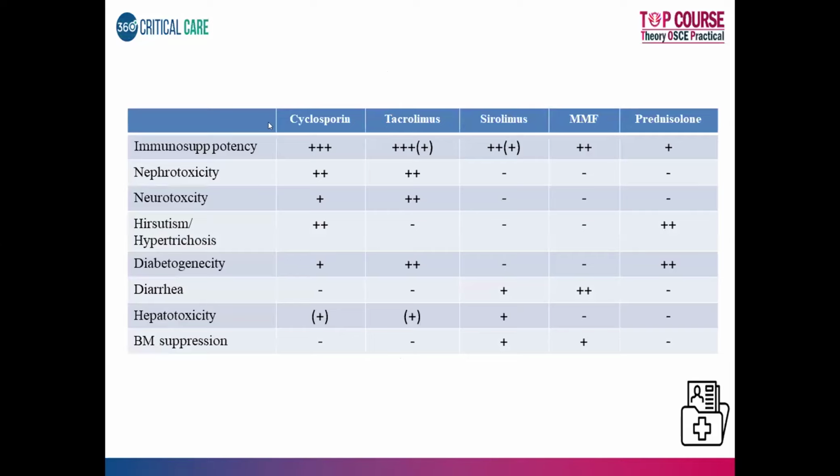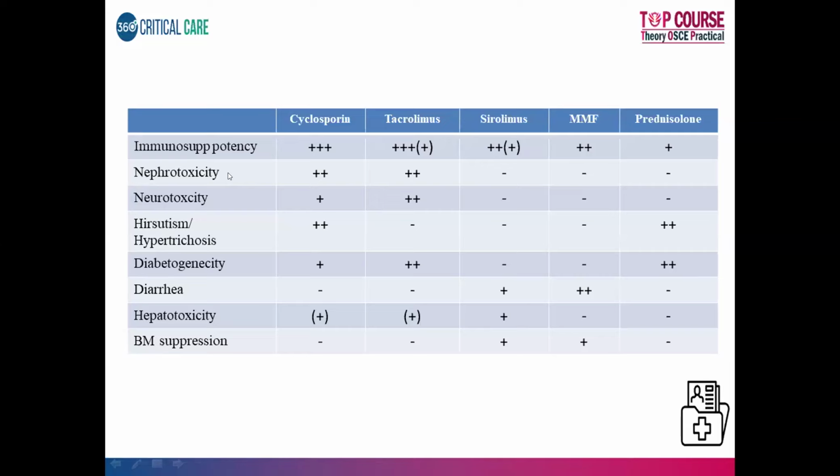Coming to the immunosuppressive effects of the drugs, which has better potency, it is the cyclosporine, that is the CNIs. Sorry, calcineurin inhibitors have a higher degree of immunopotency compared to the other drugs. Coming to the nephrotoxicity, it is more with calcineurin inhibitors. Neurotoxicity also is more with calcineurin inhibitors. Hirsutism or hypertrichosis is most common with cyclosporine.